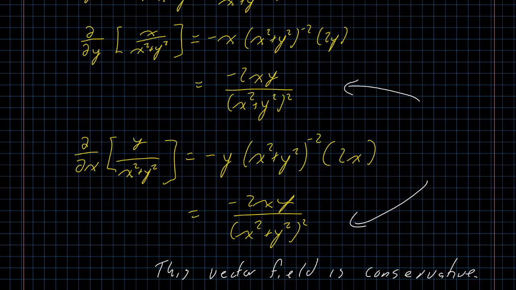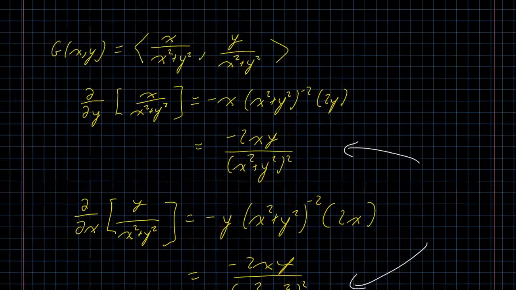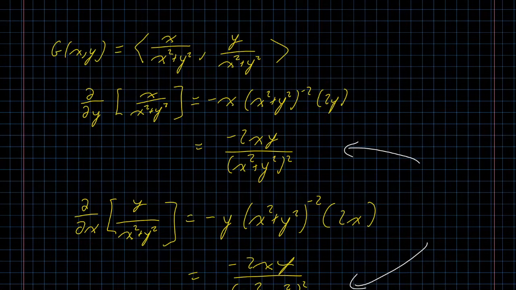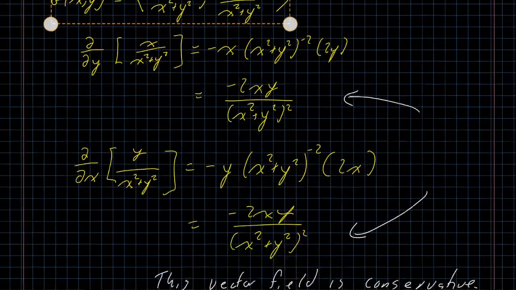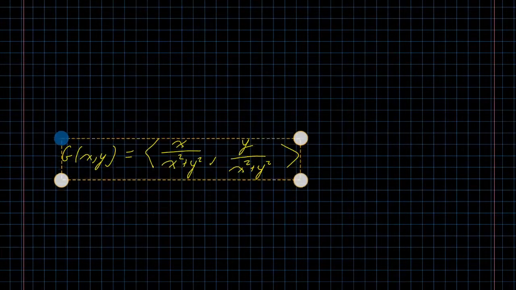Now that we know that this vector field is conservative, maybe we'll be able to figure out what the potential function that created this vector field is. So I'm going to come back up here. I'm going to copy the function itself onto a clean sheet so that I can continue working with it.